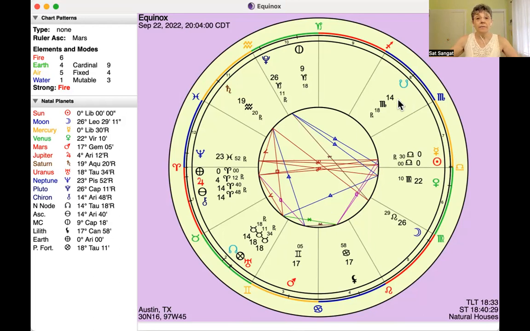So as I said, remember that this last quarter square is building up again, and it will be almost perfect by 36 minutes of orb on the 6th and 7th of October, depending on where you live in the world. And it will be, let me check my notes here, the fourth time the square is happening. The first time was in February 2021, and both planets were direct.